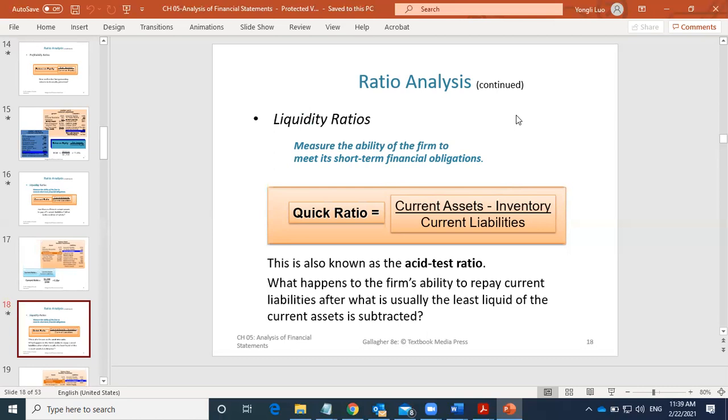The quick ratio is your current asset, but you have to exclude your inventory. You cannot count the value of your inventory as your short-term asset. Why? Because it depends on the market, can you sell your inventory immediately to get cash?